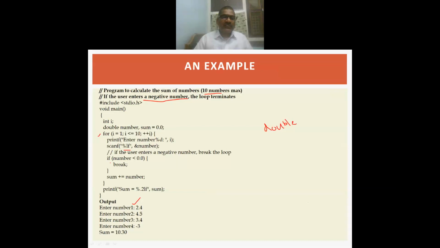After reading that number, we check if the number is less than 0.0, then we simply come out of this loop. Once we exit from this loop, we immediately come to the next statement after the closing brace of this loop. If the number is not less than 0, then we add that number to the sum. Initially sum is 0.0, then sum is equal to sum plus number, the input number. Like this we accumulate the sum value.